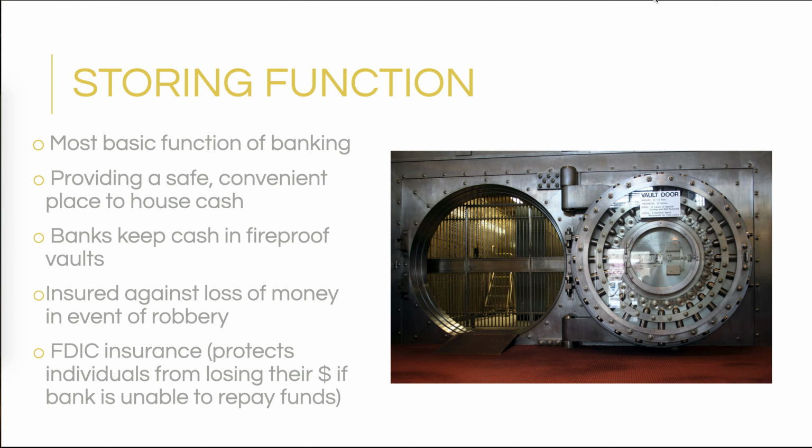So if the bank goes under, if the bank gets robbed, or if there's a disaster of some sort, your money is insured. Up to $250,000, you're not going to lose it because it's insured by the FDIC. That's a brief overview of the storing function of banks.